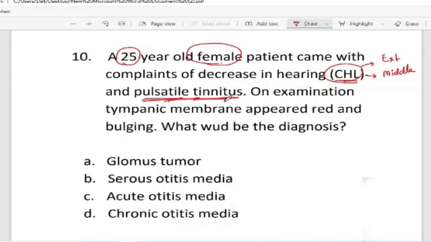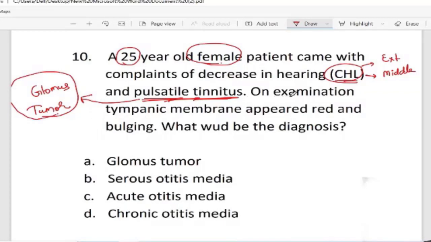Whenever this word comes, pulsatile tinnitus, it is like the blood is flowing. There is only one condition in ENT where pulsatile tinnitus is present, that is glomus tumor.